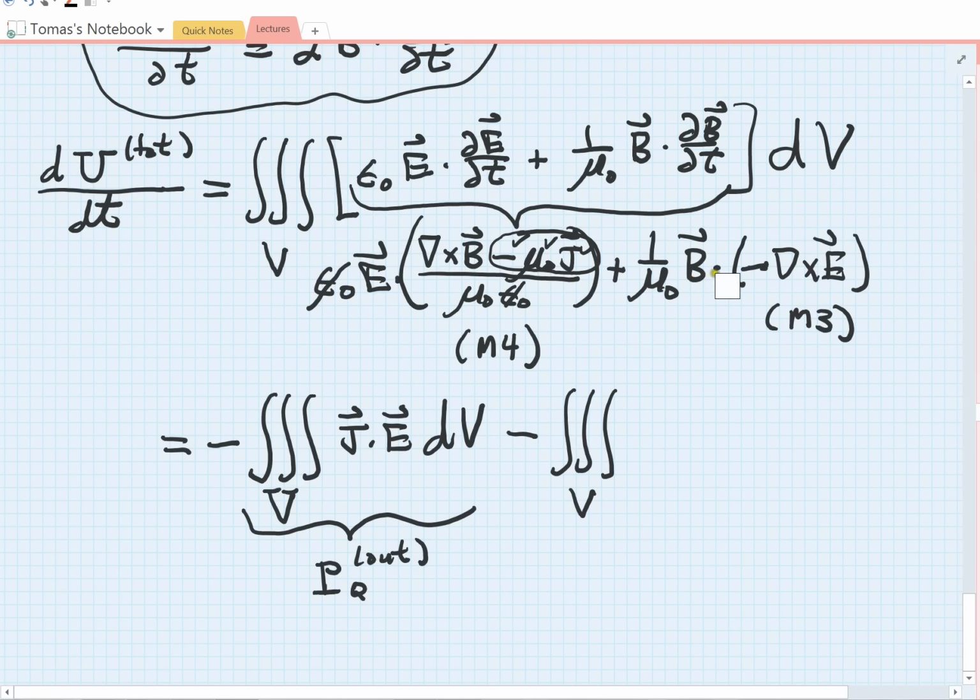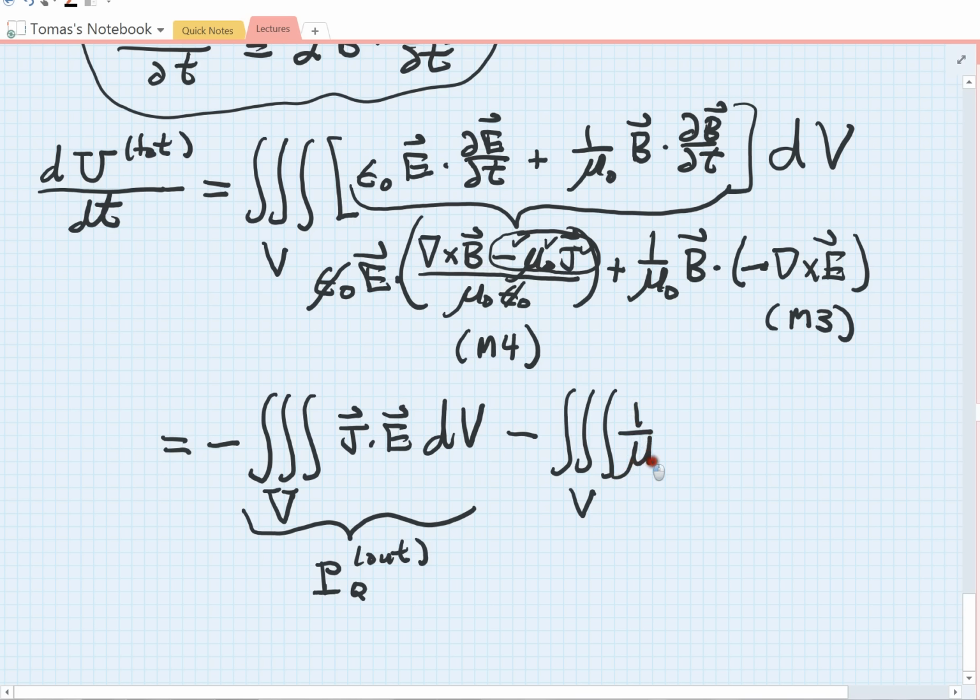So I've got B dot curl E over mu naught. And when I look at the other term, it's in here with a plus sign, but because I'm factoring out a minus sign, I'm going to have to write it down with a minus. But it's E dot curl B, and notice it's also divided by mu naught. So I've got a common factor of 1 over mu naught. So let me write that down first.